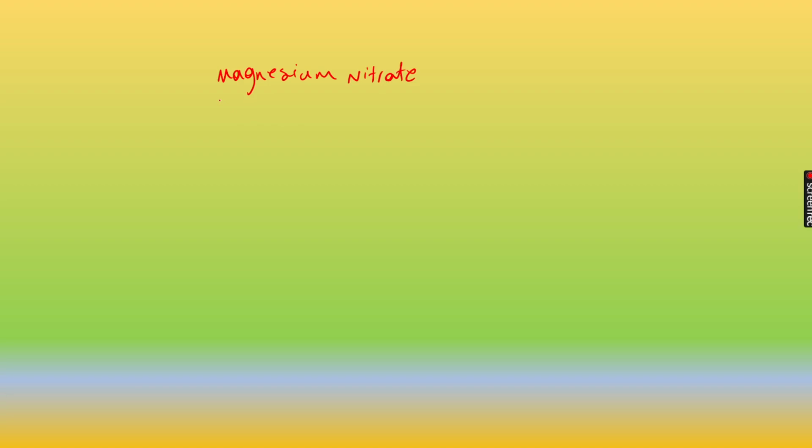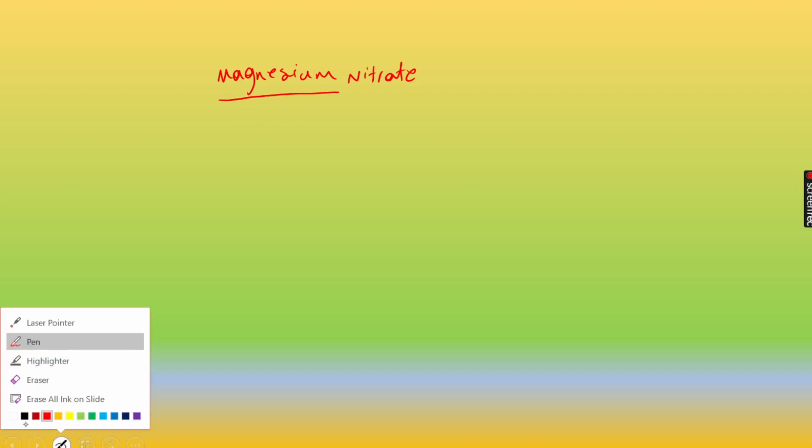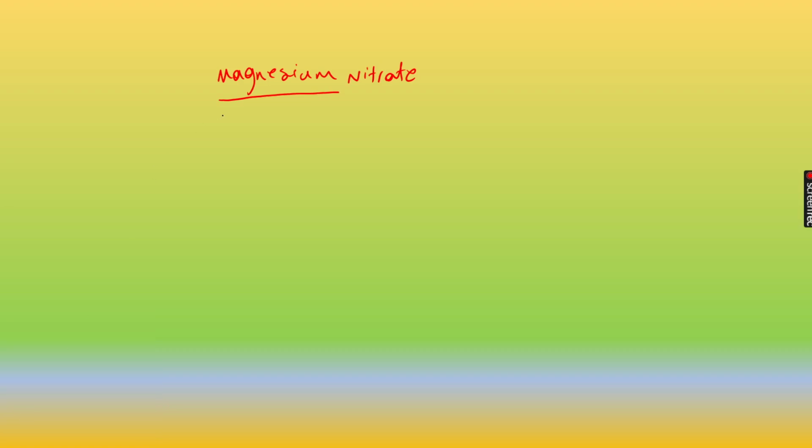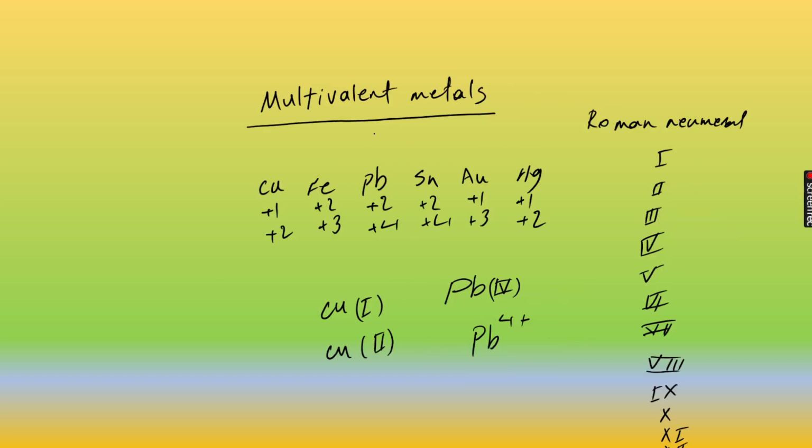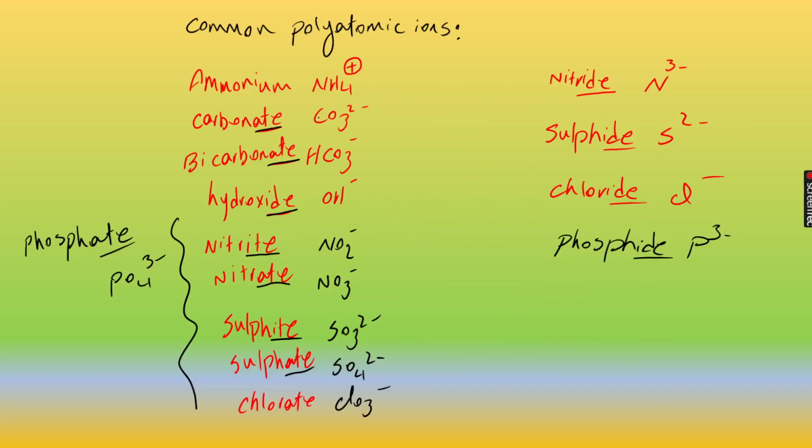You know that magnesium is Mg. If you look at the periodic table, it's in group 2, so it should have a 2 positive charge. Nitrate, you remember, is NO3. You have to memorize them.